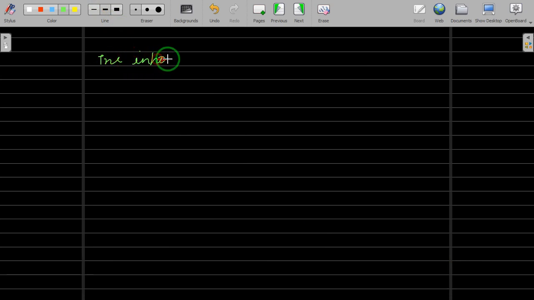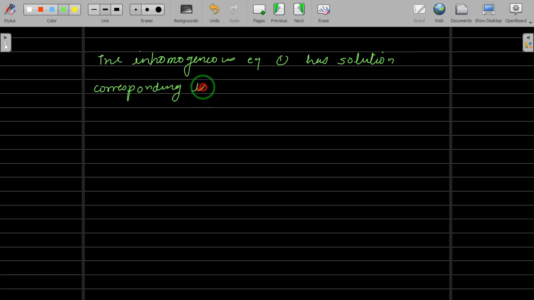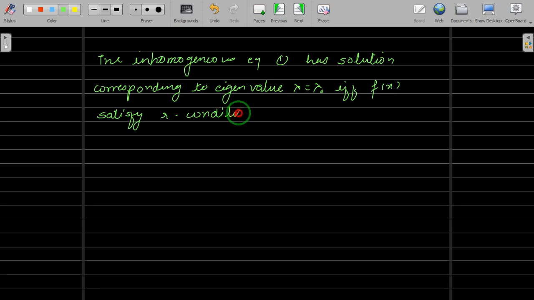So the non-homogeneous or inhomogeneous equation 1 has a solution corresponding to the eigenvalue lambda equals lambda 0 if and only if f of x satisfies R conditions, this is the lemma that you have proved: the integral of f times psi 0i of x is equal to 0, for i from 1 to R. This is the lemma.